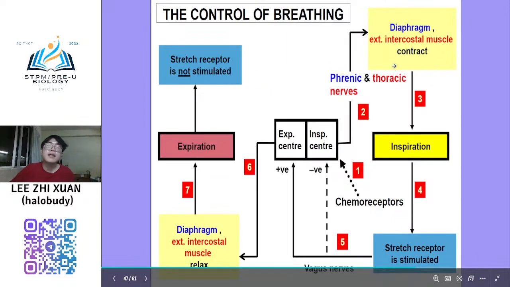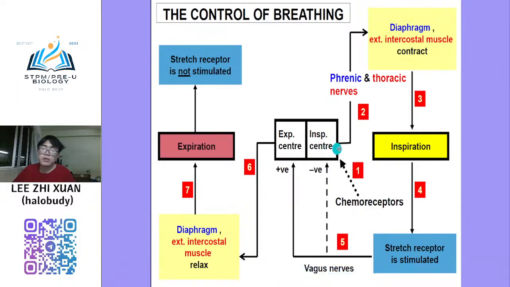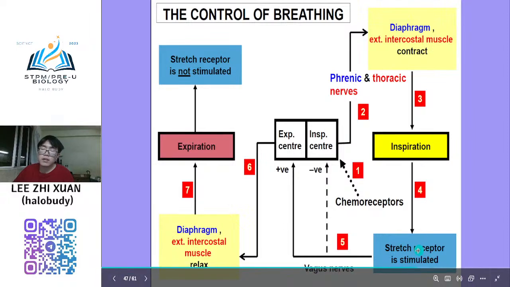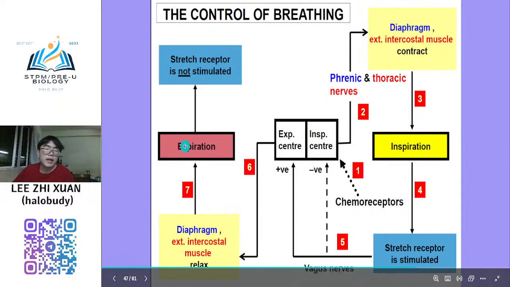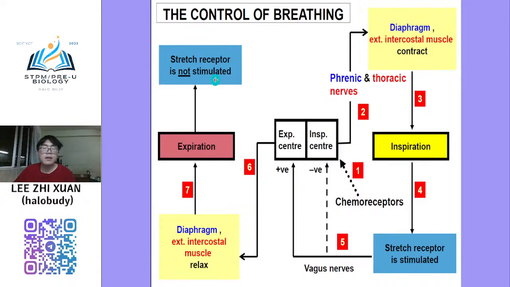So it is like this: the chemoreceptor, when stimulated, goes to the inspiratory center, then to the phrenic nerve, intercostal nerve, inspiration, and then the stretch receptor is stimulated. It gives a positive effect to the expiratory center, but a negative effect to the inspiratory center. So it will stop the inspiration first, stimulate expiration, go to expiration, and then the stretch receptor is not stimulated, and that's all.